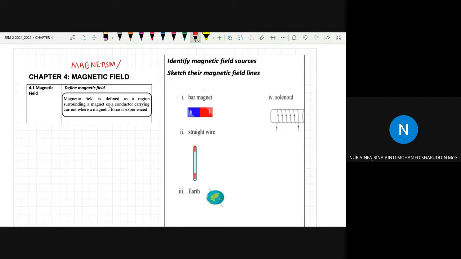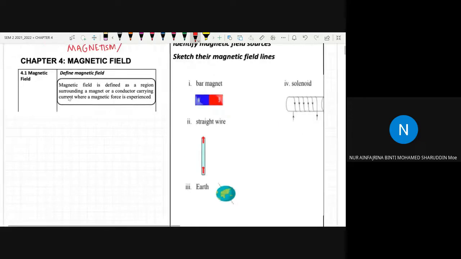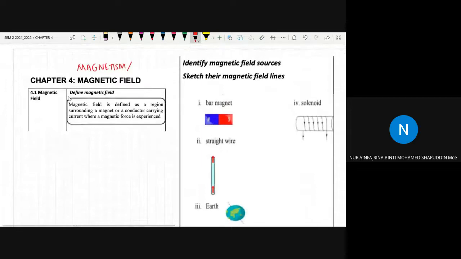Okay, so today we are going to look at the first part first. So, define magnetic field. So, the first learning outcome adalah define magnetic field. So, magnetic field is a vector quantity. So, meaning dia akan ada magnitude and also direction.